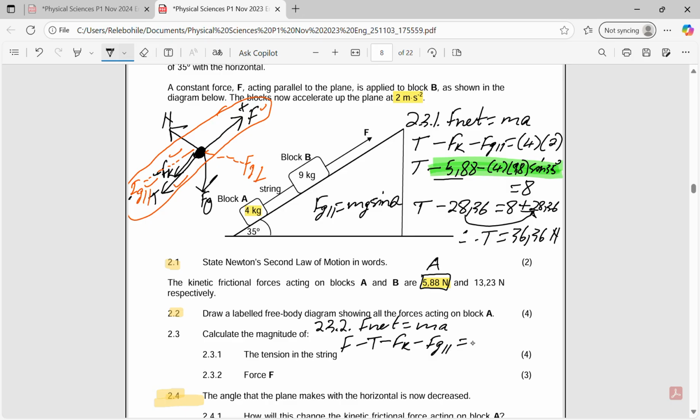All of this will be equal to MA, and then I'll substitute here now. I'll have F minus, what is my T? My T is this one that I found here, guys, remember, and that's going to be 36.36 minus this FK. When I read my statement, they told me that blocks A and B have kinetic frictional forces of what?